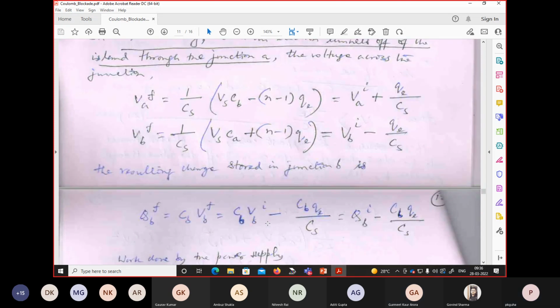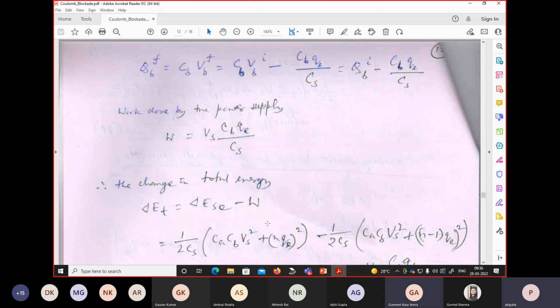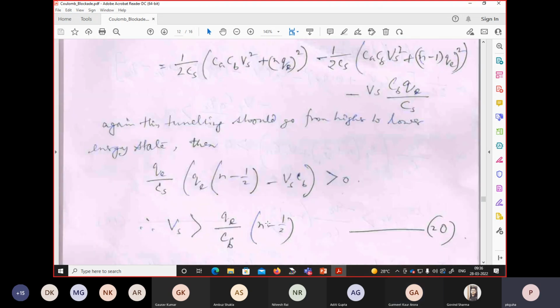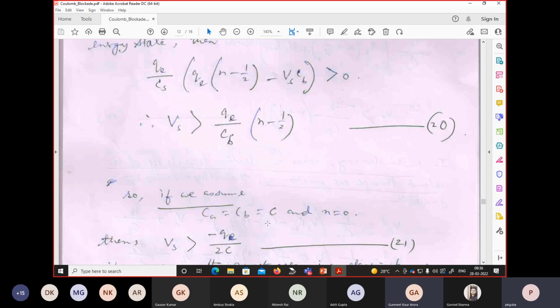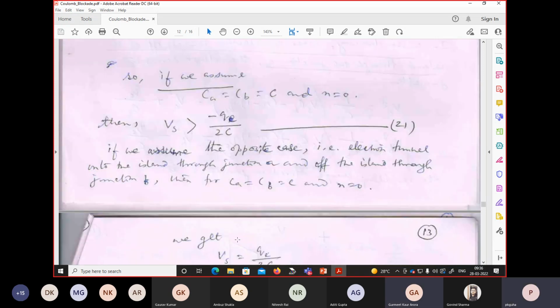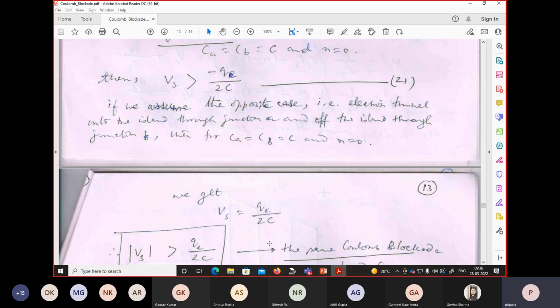Yes, sir. So if you did that, what is ultimately what you are getting? So these two are wrong, but if I put n equal to 0, we get similar. But that's a different story.